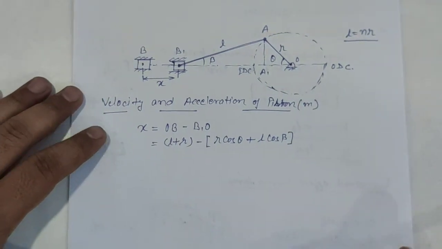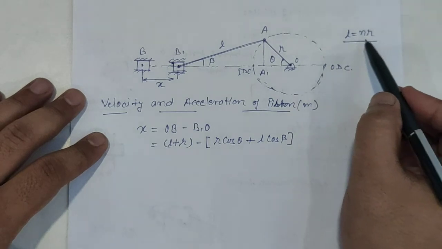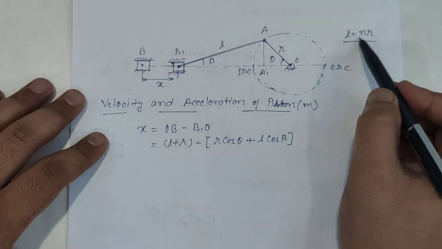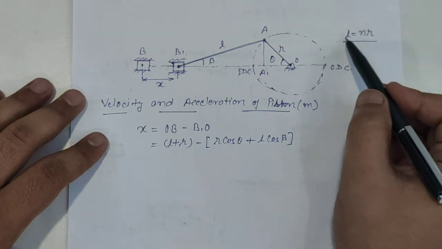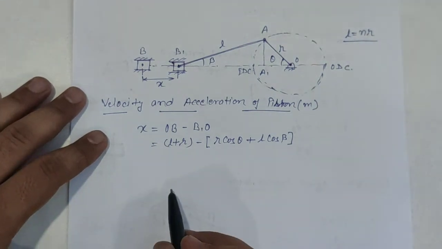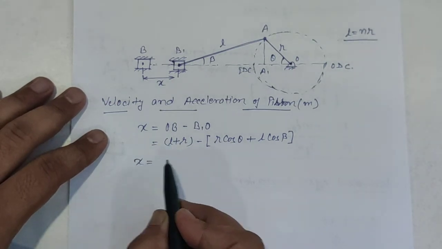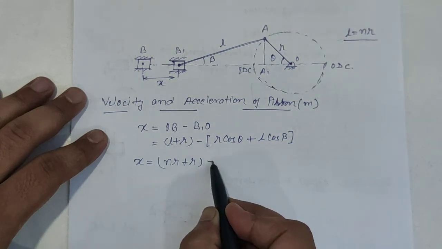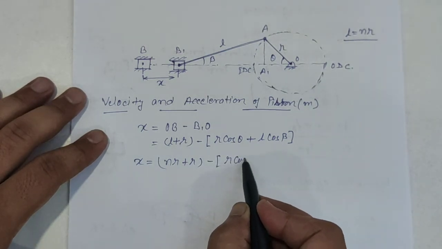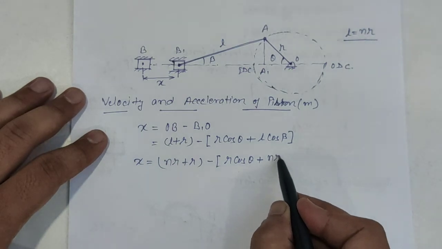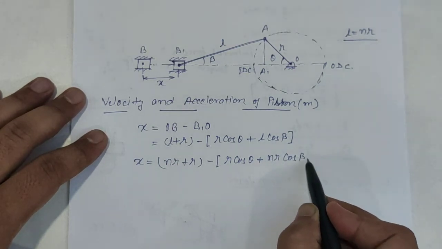Now we are going to replace this L with n into r. We have considered that this L, the length of the connecting rod, is very large as compared to the crank. So we are writing x will be equal to nr plus r minus r cos theta plus nr minus nr cos beta.